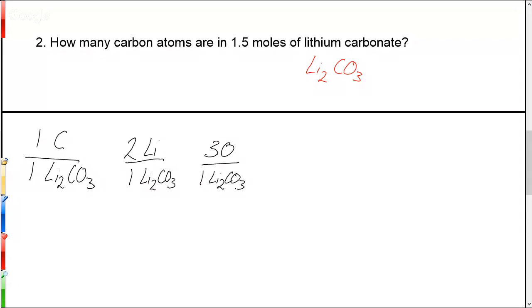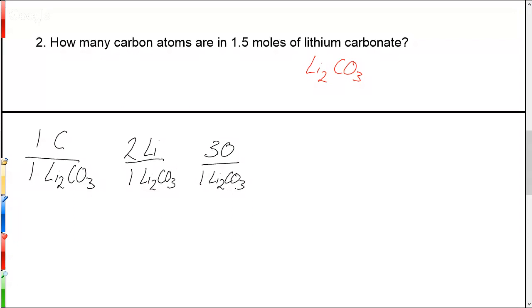If we jump over to the oxygen, same thing. If we have a dozen lithium carbonates, we're going to have 3 dozen oxygens. And so don't get messed up when we switch that word to mole. It still means the same thing. Once you have the ratio from the formula, everything else is the same. So we can say that in every 1 mole of lithium carbonate, we'd have 3 moles of oxygen.